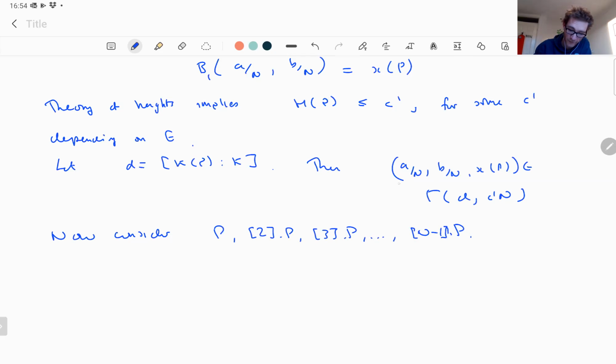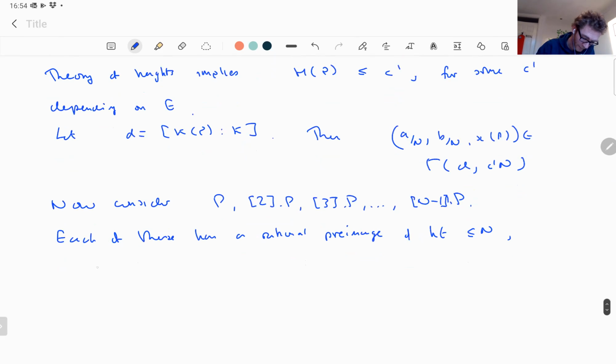Each of these has a corresponding rational preimage of height at most n. So each of these leads to a point in here, and they're all distinct.